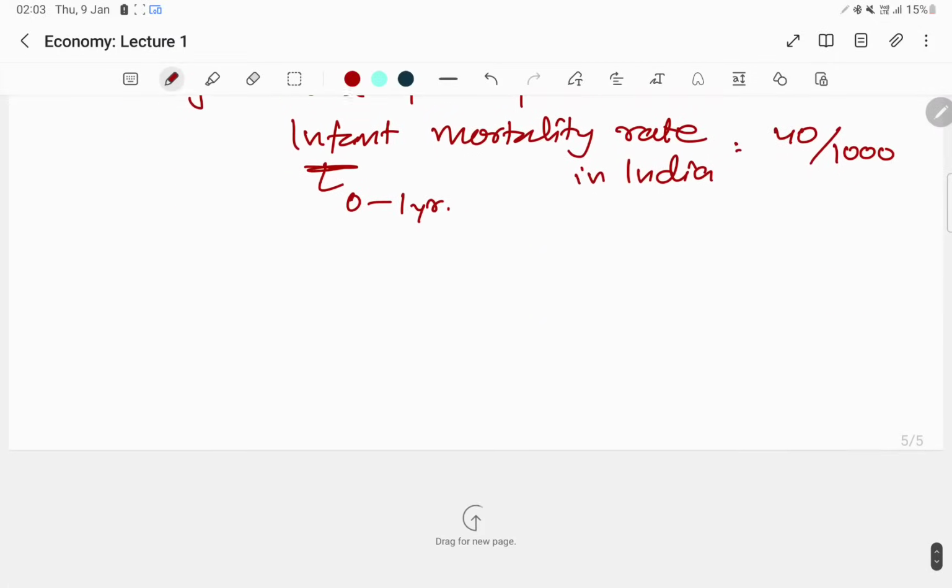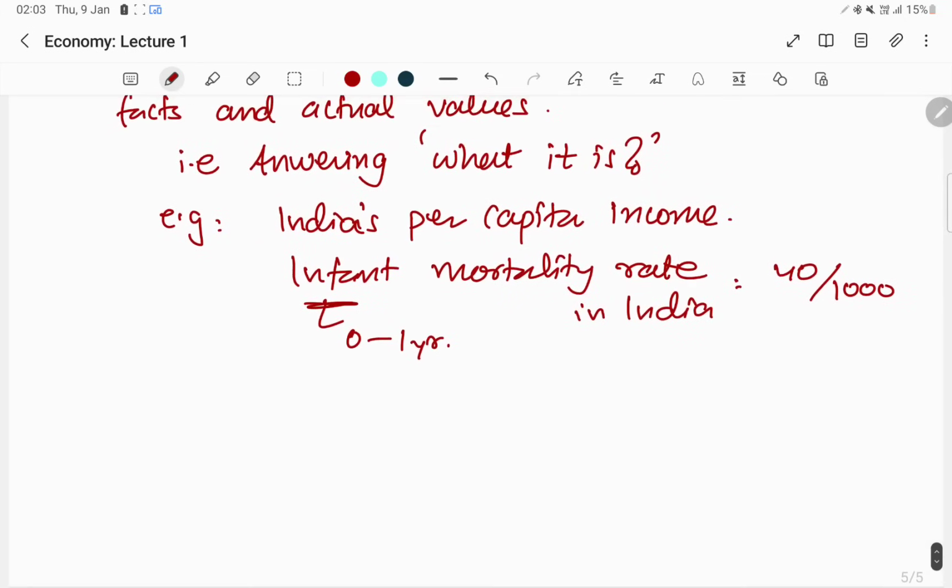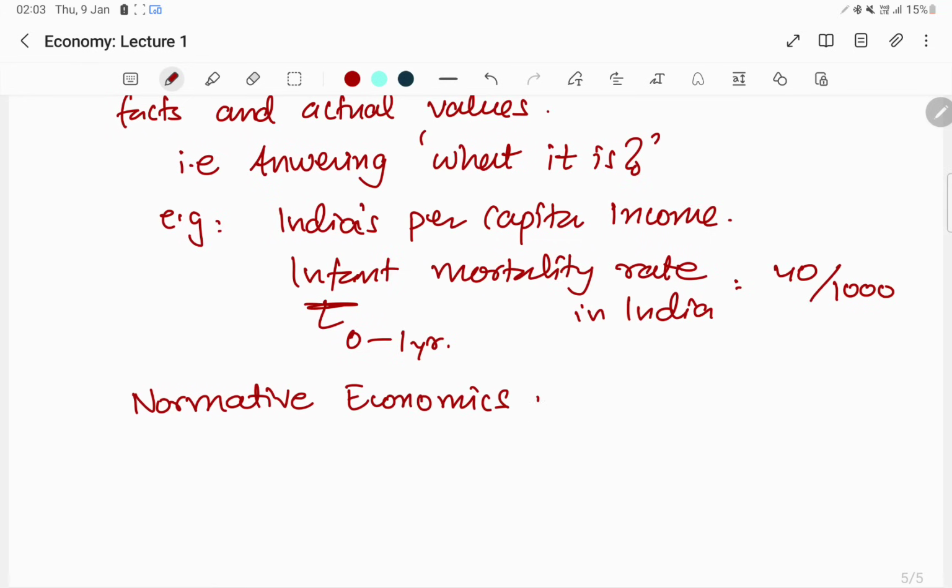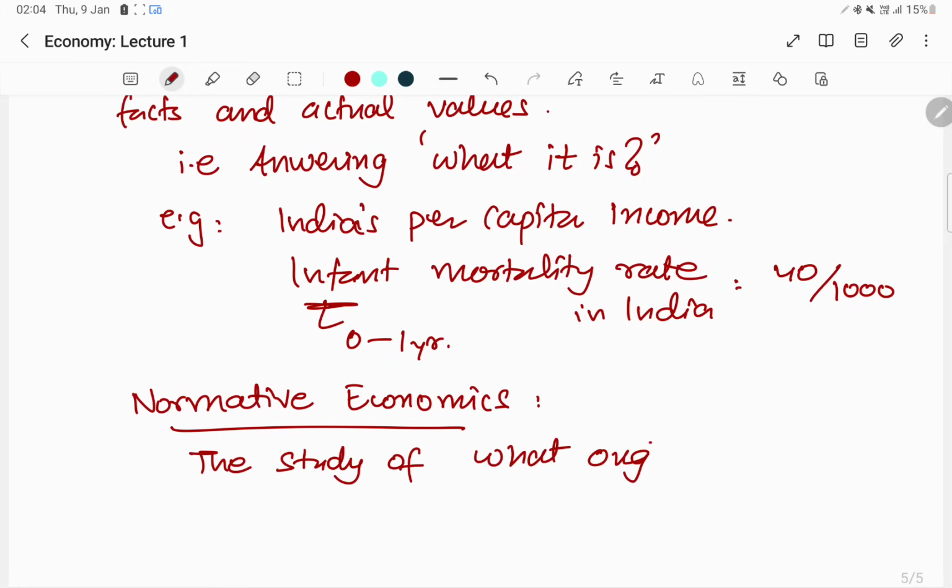Now, if we take another approach, that is normative economics. What do we mean by normative economics? See, normative economics is nothing but the study of what ought to be, what should have happened.